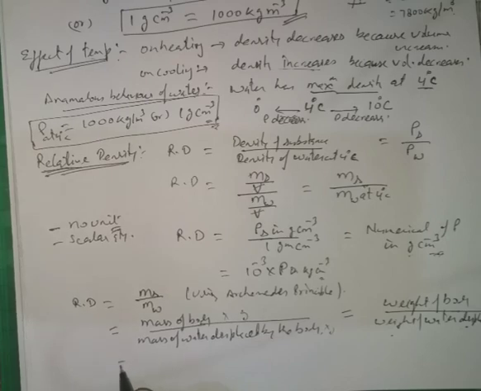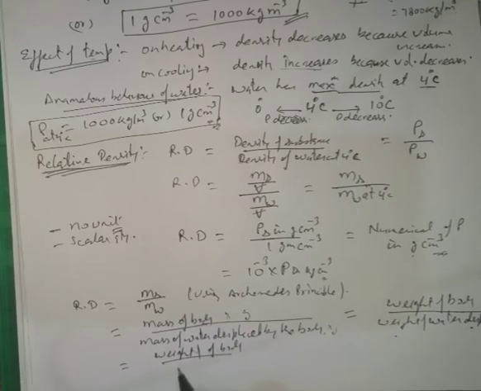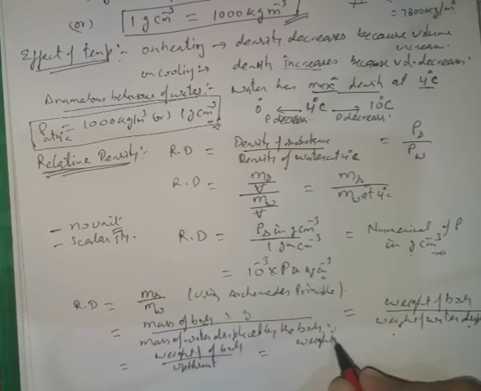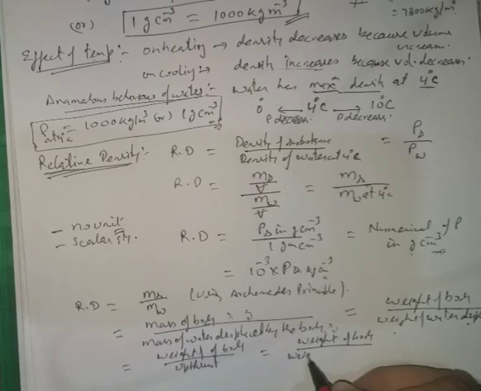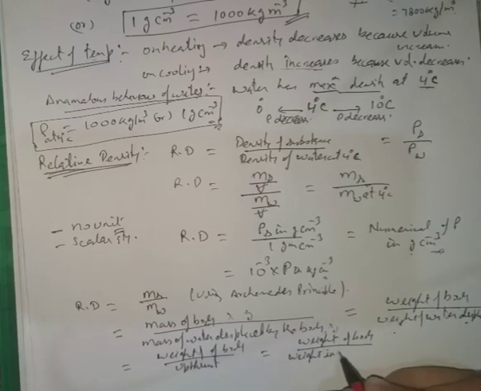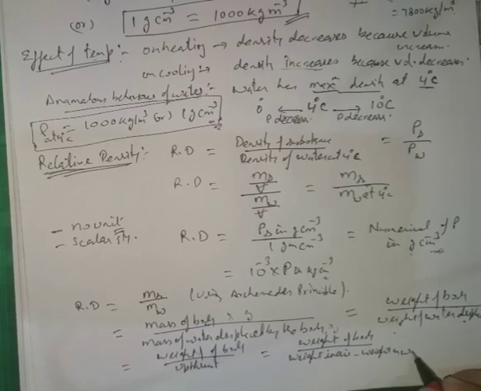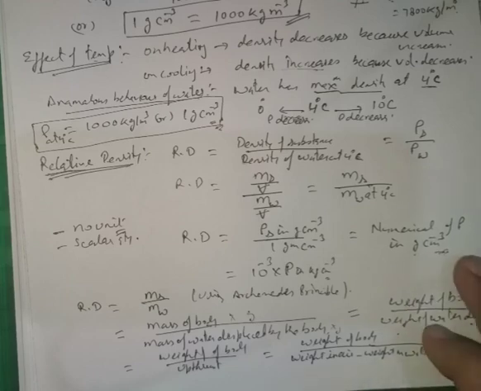So this can also be written as the weight of the body over the upthrust, and this upthrust is equal to the loss of weight of the body, which is the weight in air minus the weight in water. This is called the loss of weight of the substance if it is immersed in the liquid.